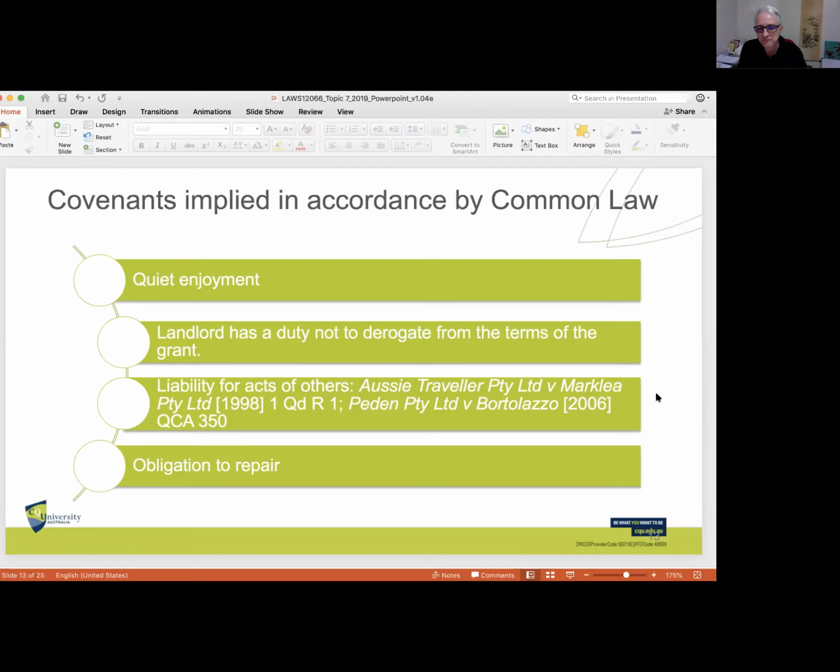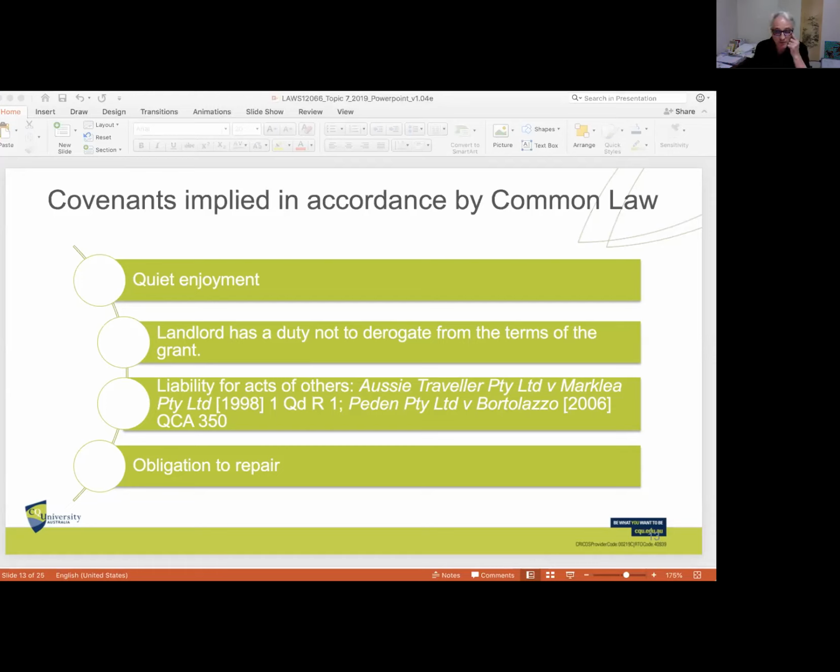This idea of not derogating from the grant requires the landlord or lessor not to allow anything to operate in a way that's inconsistent with the leasing of the premises.